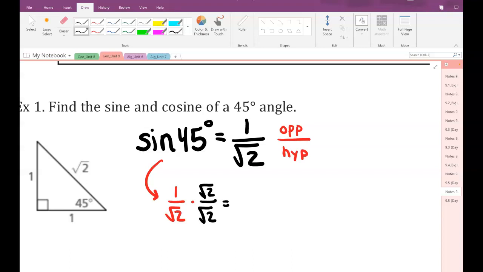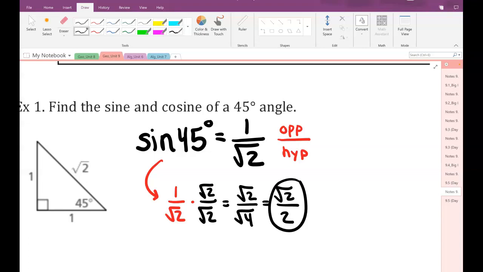And what this does, it changes it. So we have the square root of 2 divided by the square root of 4. If we take the square root of 4, we get the square root of 2 over 2. So this is our simplified answer, square root of 2 over 2.